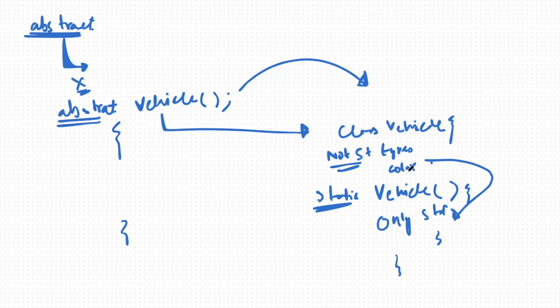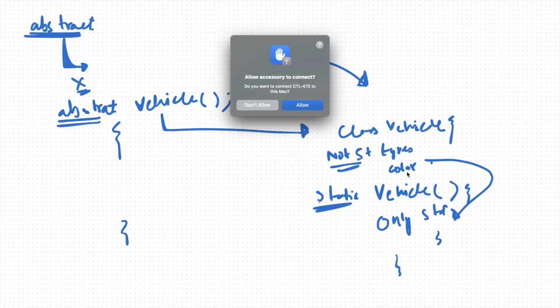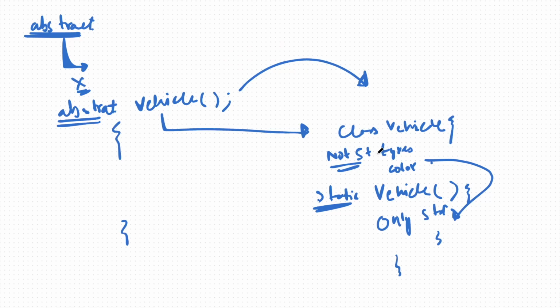No, because if the function is static, it can only access static variables, it cannot access tires and color. This is the reason the constructor cannot be static, right?